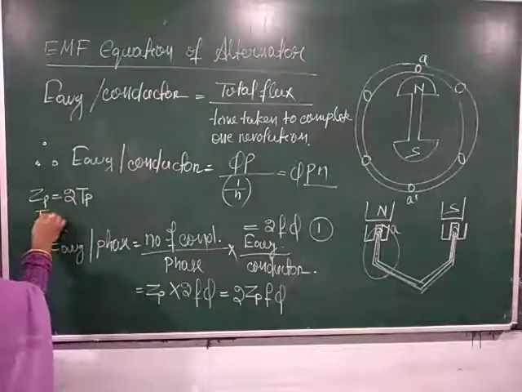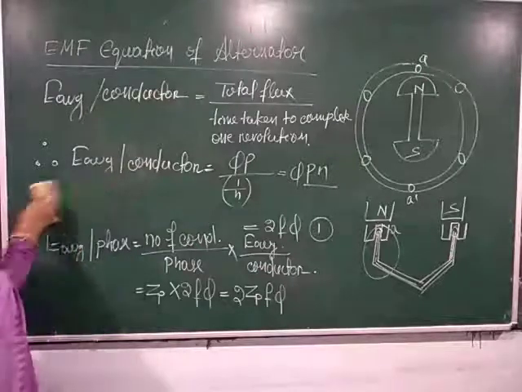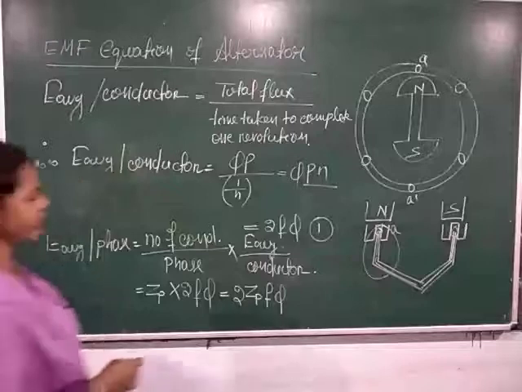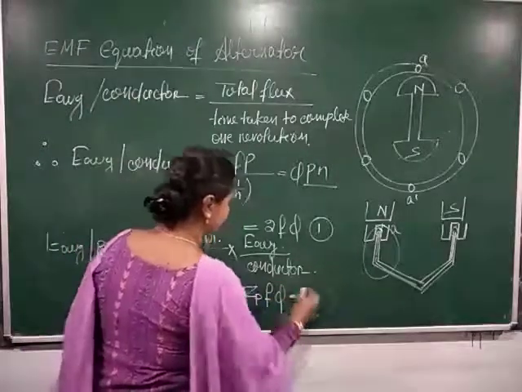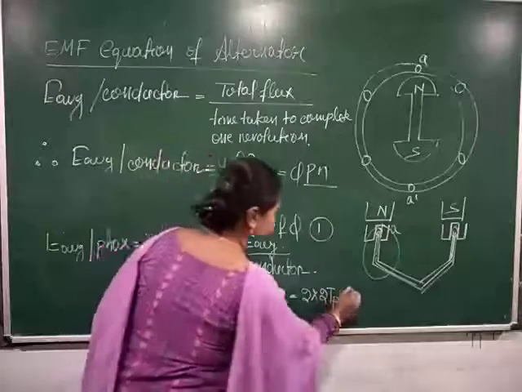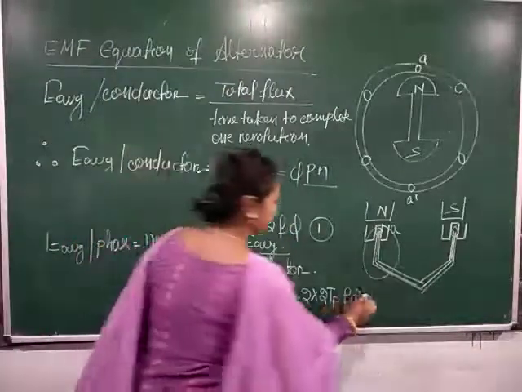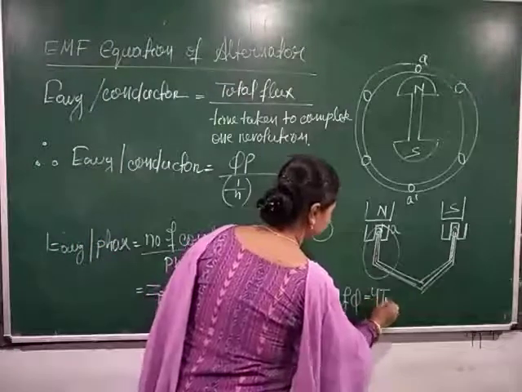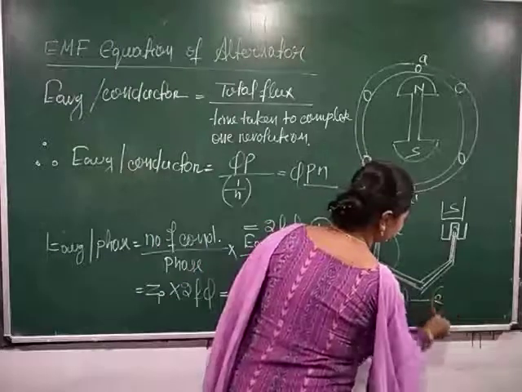So I write 2 into 2 Tp F Phi, which is equal to 4 Tp F Phi. Take it as equation number 2.